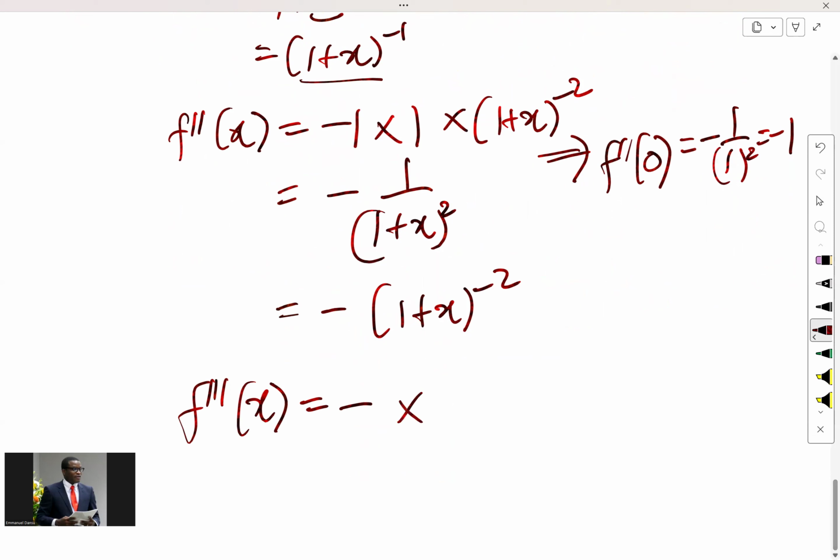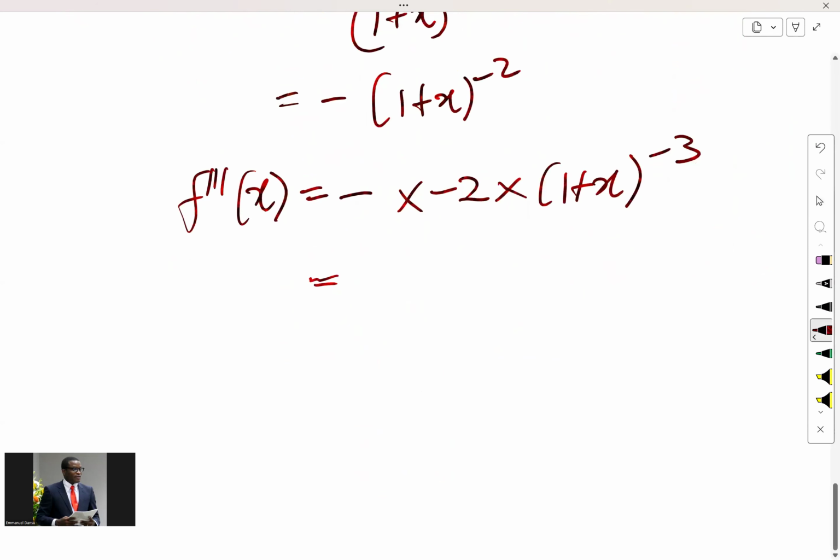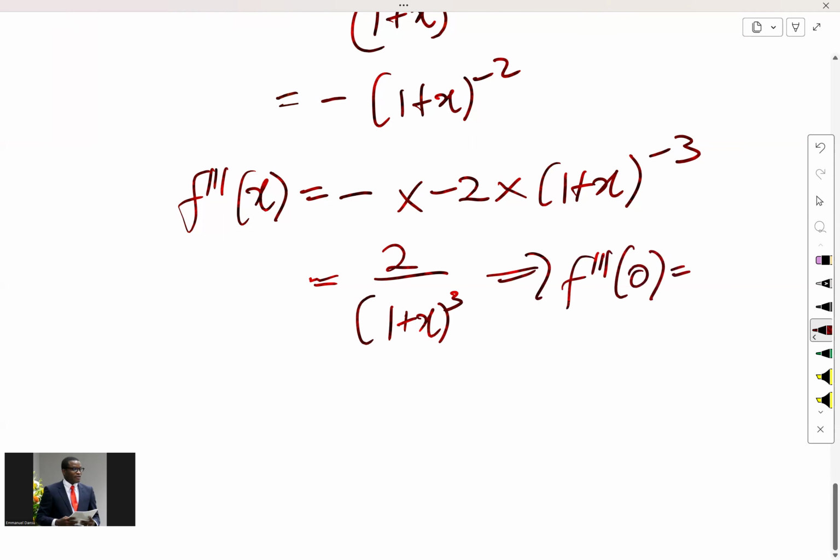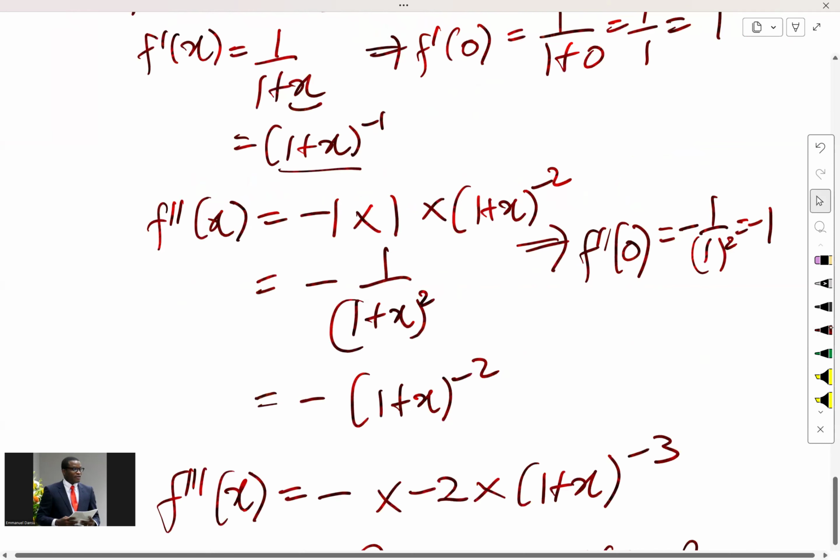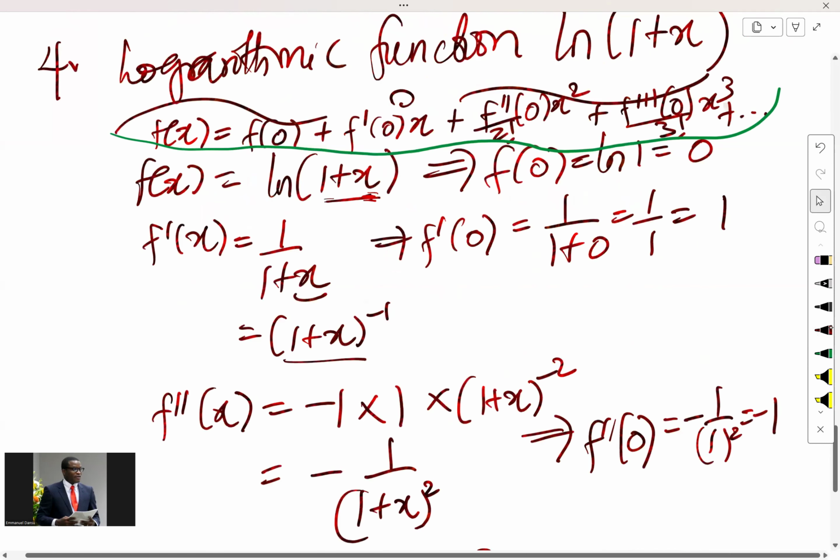Then bring down the minus 2, that's minus 2 times 1 plus x. Reduce the power by 1, that's minus 2 minus 1, which is minus 3. And then you have minus and minus is plus. So you have 2 over 1 plus x raised to power 3. So that implies that f prime prime prime of 0 is actually 2 over 1 cubed. So that's simply 2.